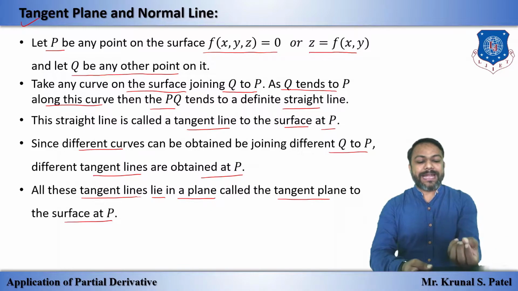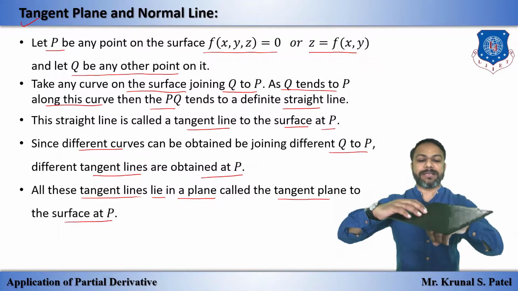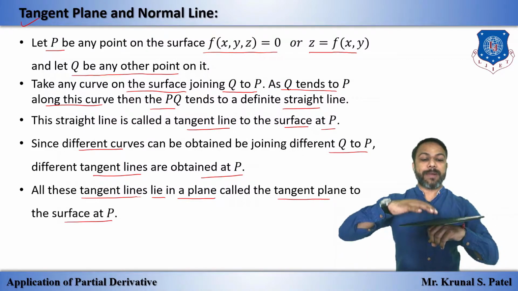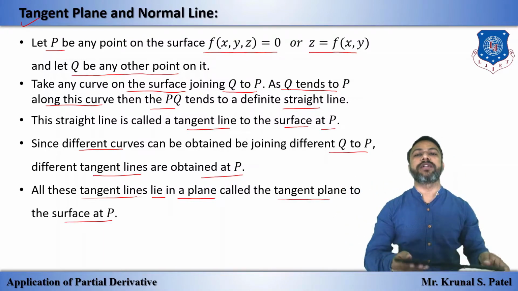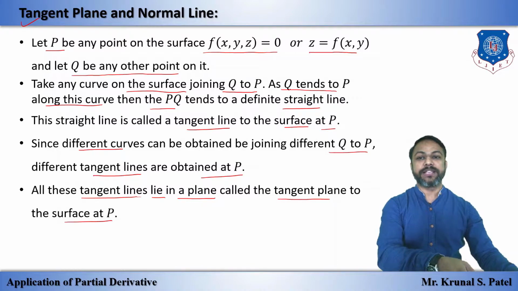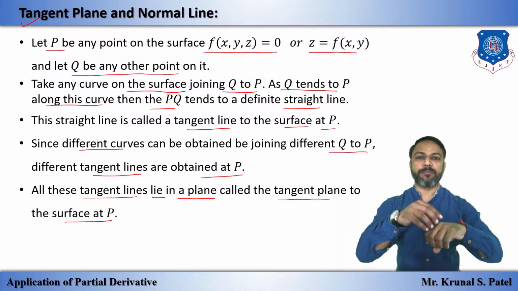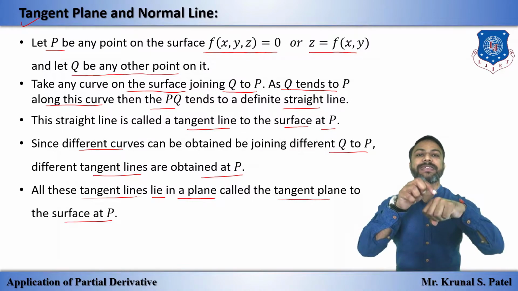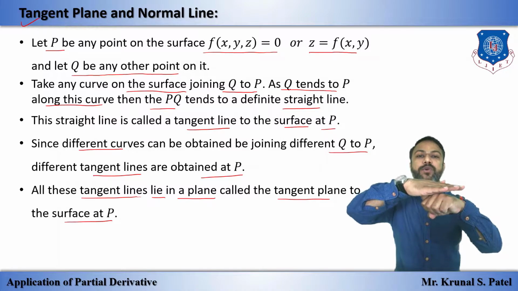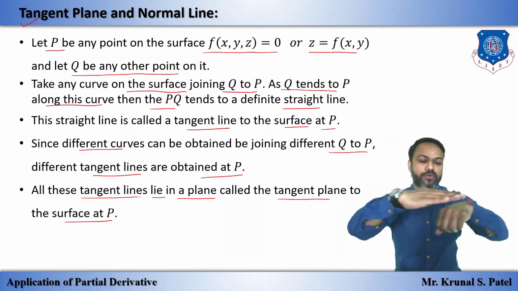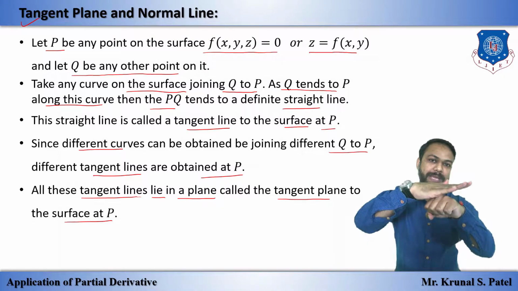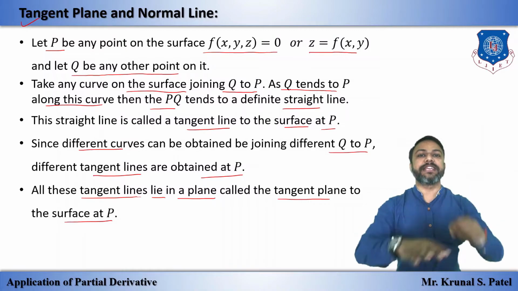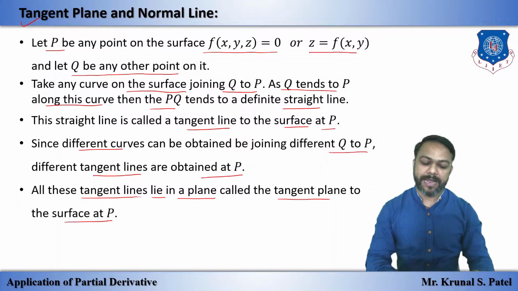If we take a perpendicular line to the surface at that point P, that perpendicular line is called the normal line.